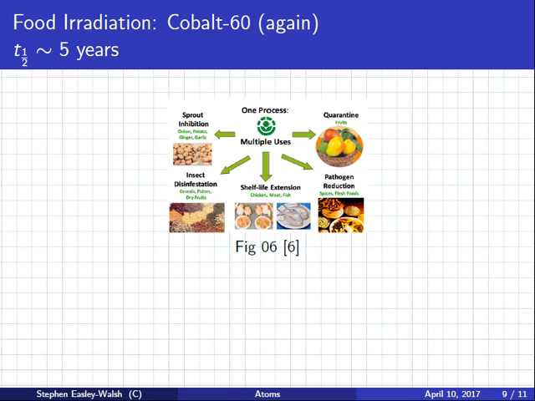So there's nothing to stick on the food. It just passes through the food. Unlike alpha and beta, especially alpha, which could stick on it. So that's one advantage. It doesn't leave the food radioactive. Second advantage, it kills the bacteria on the surface.